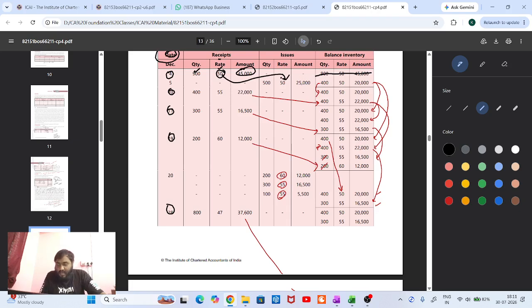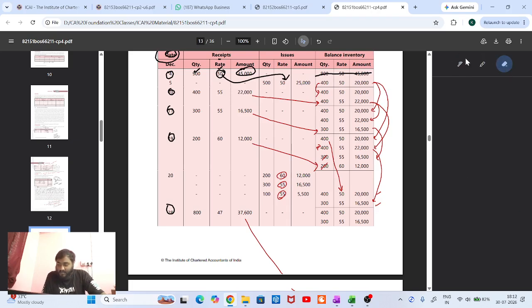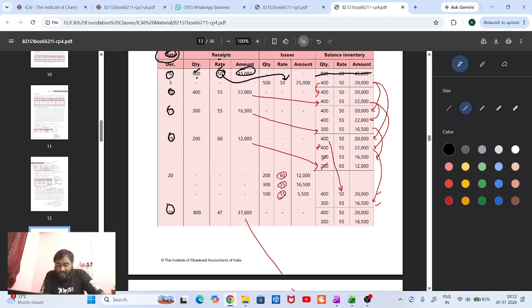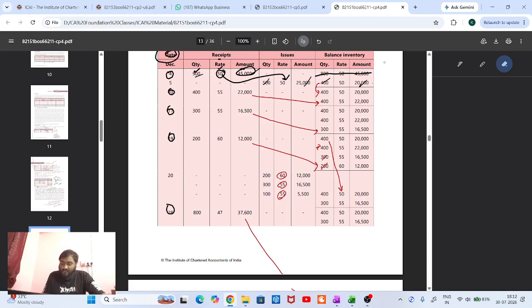So how does the balance amount come? 900 minus 500 is 400, at 50 is 50, 45,000 minus 25,000 is 20,000. That's it. We have done Bahubali part 1.